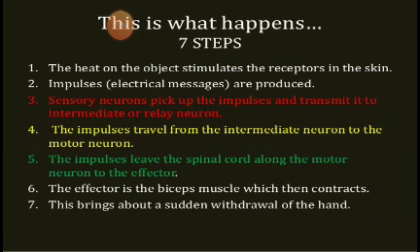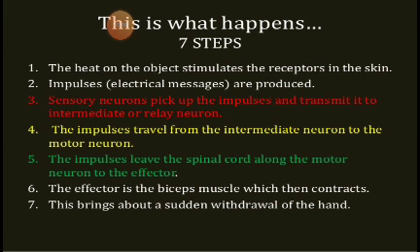Impulses are produced, that is, electrical messages. Sensory neurons pick up the impulse and transmit it to the intermediate or relay neuron. The impulses travel from the intermediate neuron to the motor neuron. Impulses leave the spinal cord along the motor neuron to the effector, that is, to the muscles of the hand.